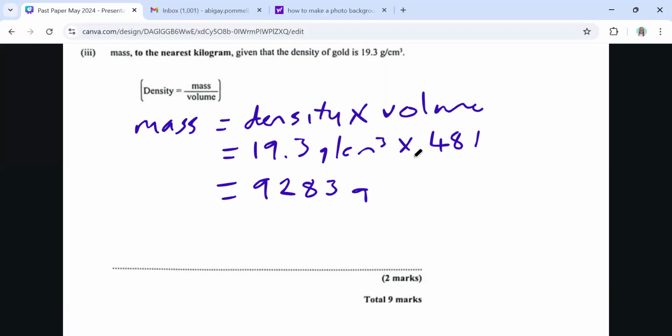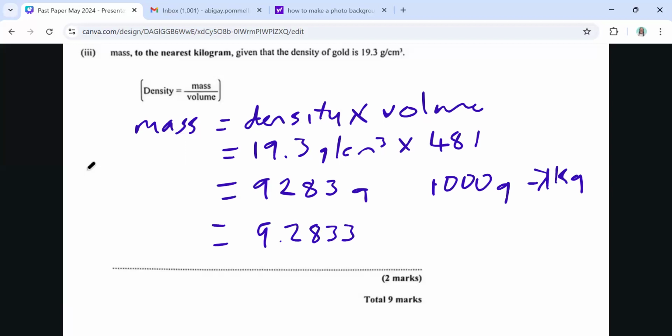That is grams, and they asked us to find it to the nearest kilogram. Remember that 1,000 grams equals a kilogram. So 1,000 grams gives you 1 kilogram, so this is 9 kilograms.